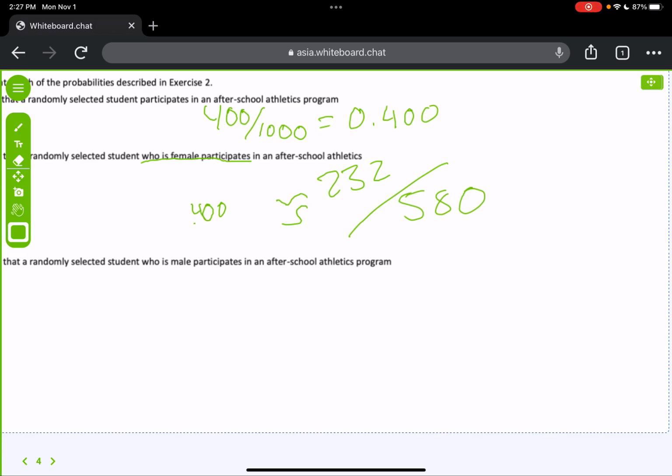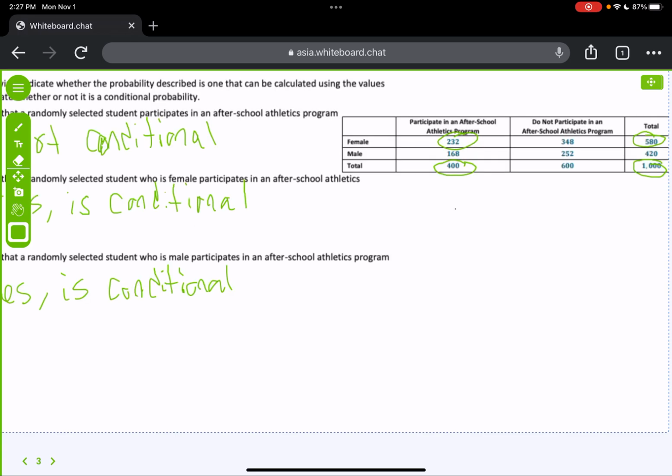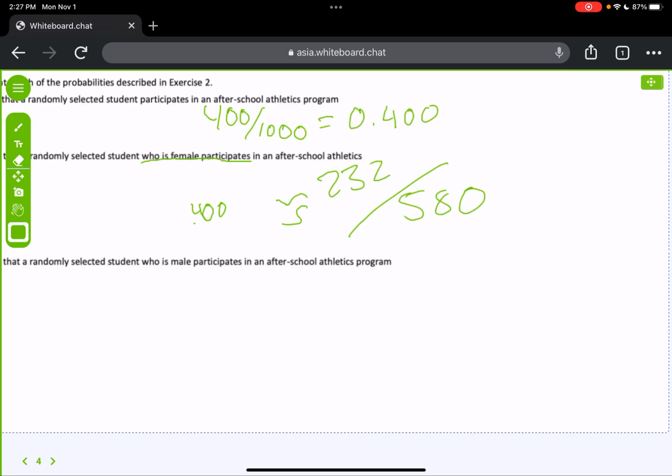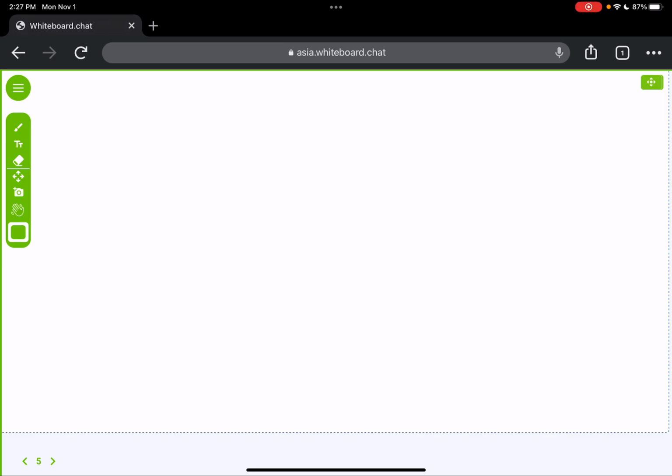All right, so selected student is male and participates. Well, how many males were there? There were 420. And participates, so 168 out of 420. And that's going to be also about 0.400. So those are all about the exact same.